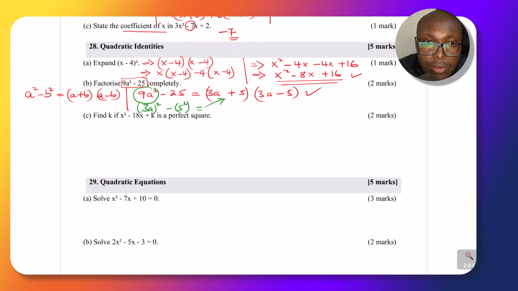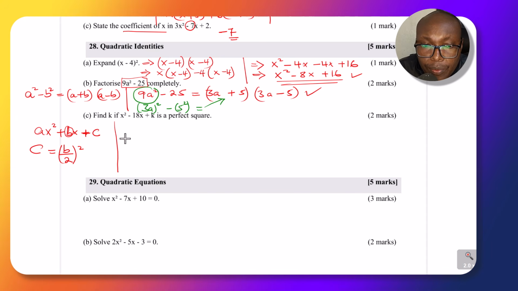In a general quadratic expression, let's say ax squared plus bx plus c, the constant term is obtained by getting the coefficient of x, which is b, getting half of that, and then you square. That gives you the constant term.